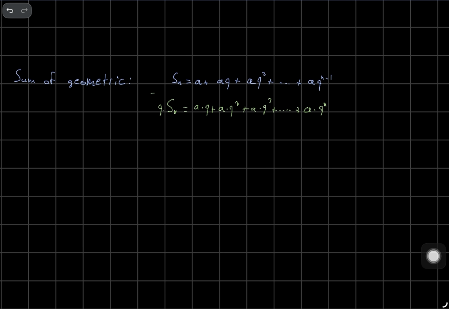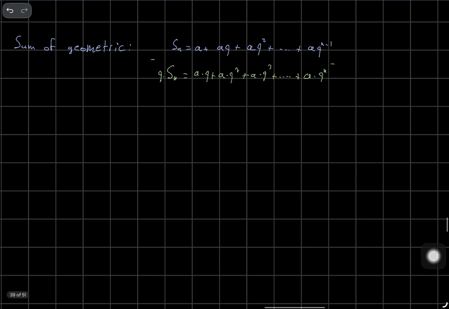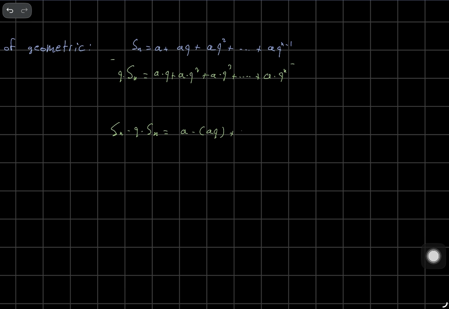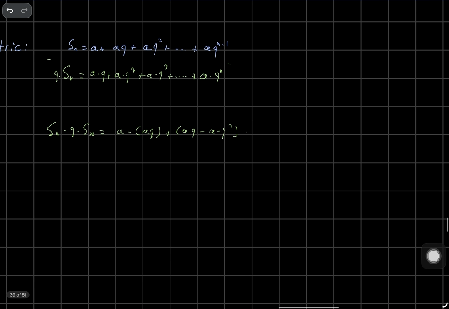Now let's subtract both things from each other. And so we will get Sn minus q times Sn equals a minus a plus q, aq plus aq minus a times q squared, plus aq squared minus aq cubed, and so on till we reach minus a times q^n.